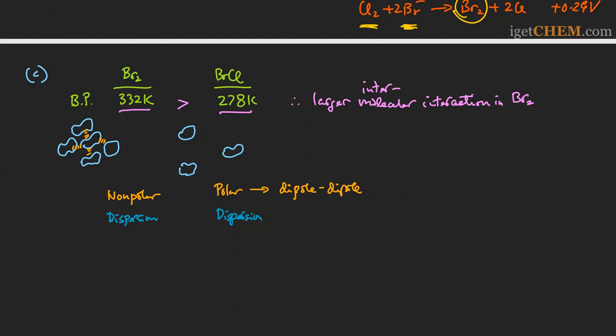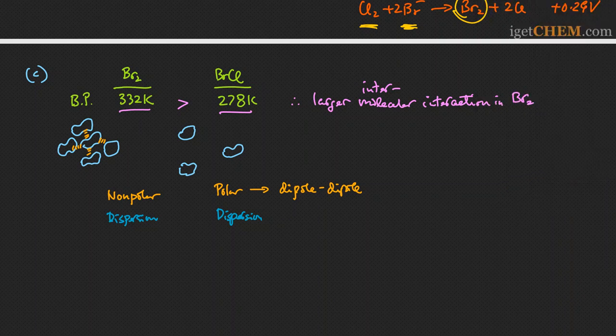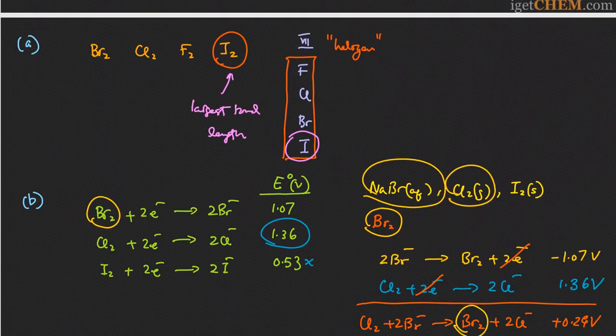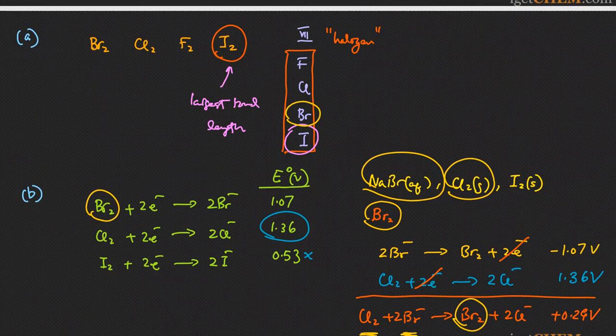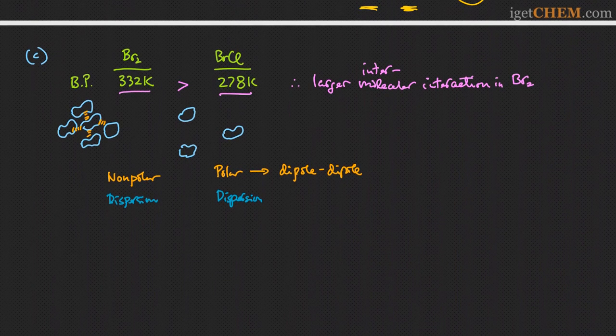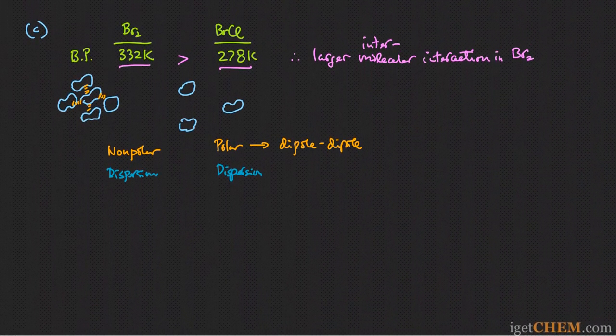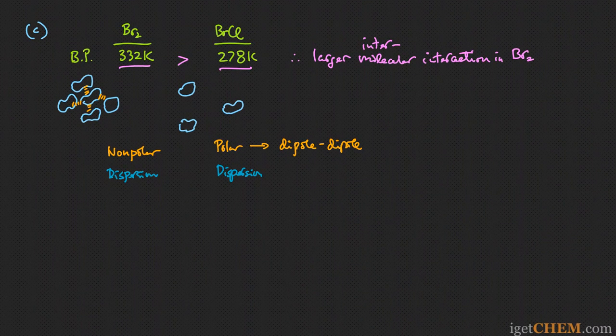However, the molecules that have larger London dispersion forces are generally the ones that are larger, or the ones that have a larger number of electrons. So as we have said, because Br is lower than Cl, Br has more electrons than Cl. As a result, Br is a bigger atom, and at the same time, it also has more electrons, and so its dispersion force is stronger.